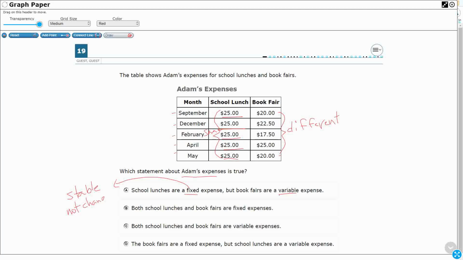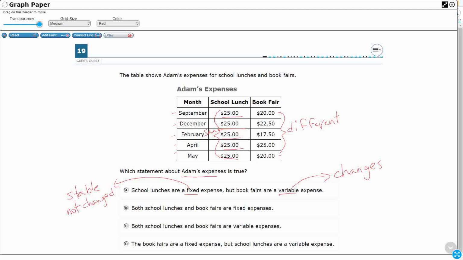Okay, so if I fix something to the ground, that means I'm tying it to the ground or I'm gluing it to the ground. Okay, so if it's a fixed expense, it's a stable expense, it's not really changing. Whereas a variable expense, when something varies, right, that is something that changes. So that's really the difference here, right? So fixed expenses don't really change. Variable expenses, they do change.